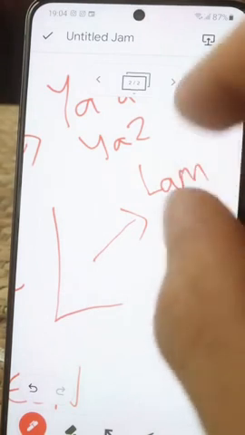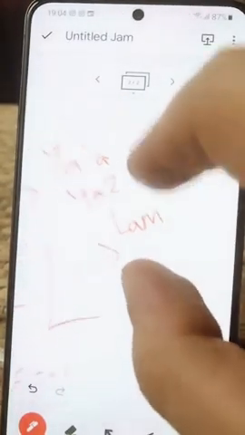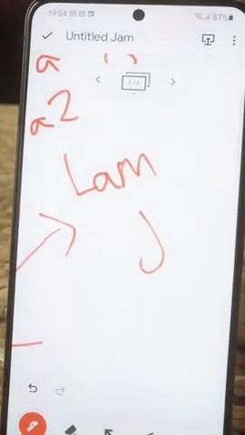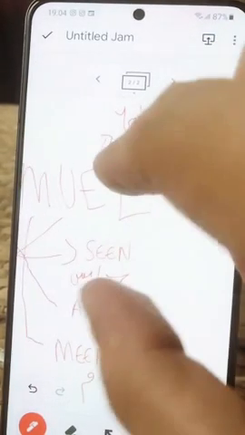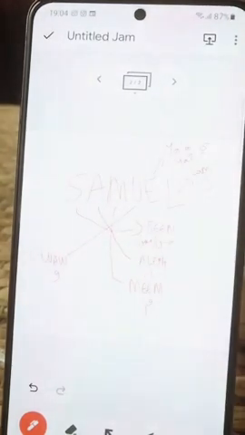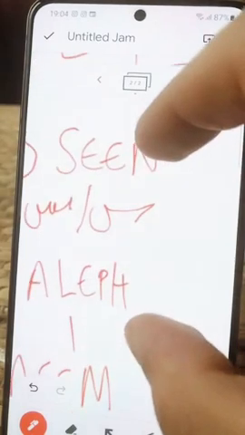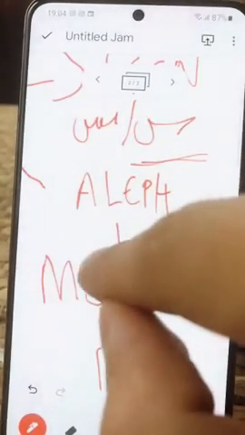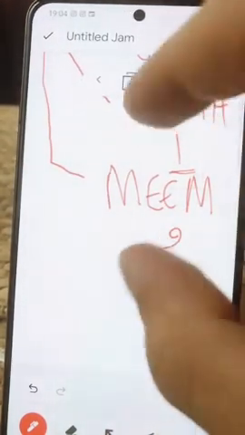Sin, Aleph, Mim, Waw, and Ya and Lam. So I'm gonna write them all next to each other. By the way, once we finish the live, inbox me and I can send you a copy of this in PDF format.